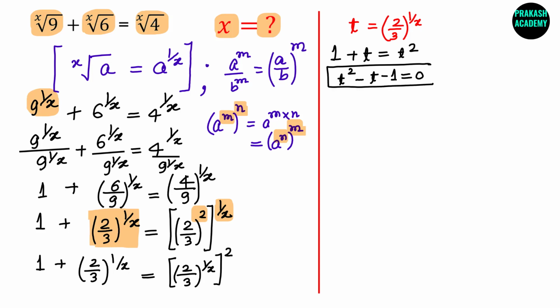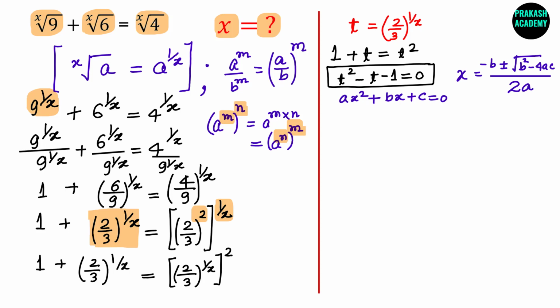So this is a quadratic equation. If you remember, for a quadratic equation ax square plus bx plus c equals 0, the roots are x equals minus b plus or minus the square root of b square minus 4ac, divided by 2a.